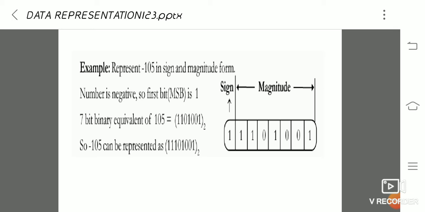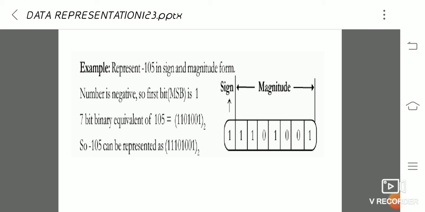Because it is negative, the sign bit is 1. So minus 105 can be represented as 11101001 to the base 2.